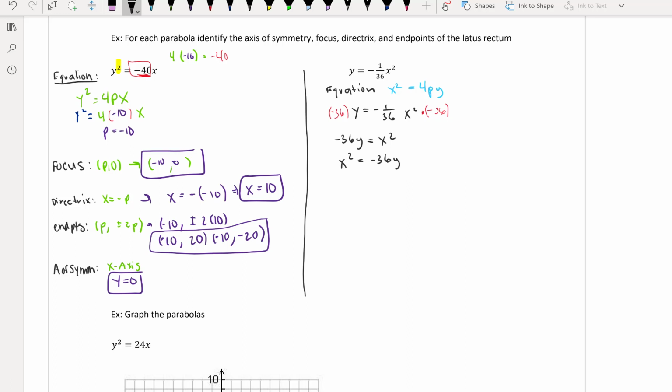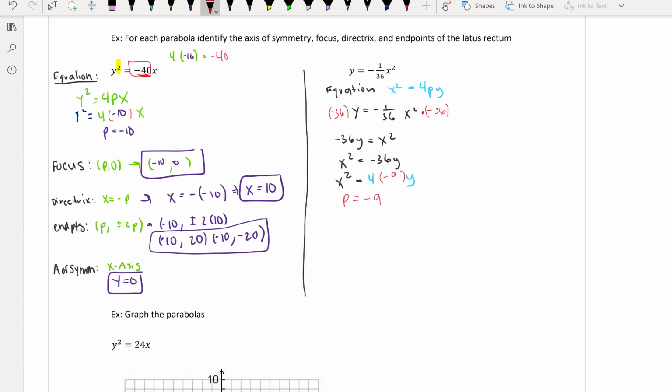And again, I still want to have that 4 component. So I have x squared is equal to 4, I want to have my p-value, and I want that y there. So let's think about this. Negative 36 divided by 4, what do I get? Well, hopefully you got a negative 9. So now I know that my p-value is equal to a negative 9.